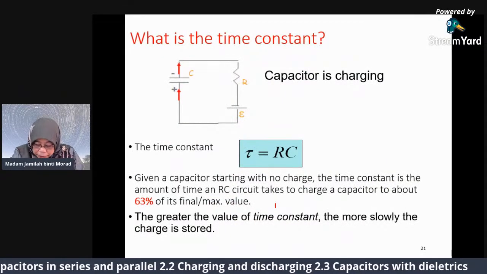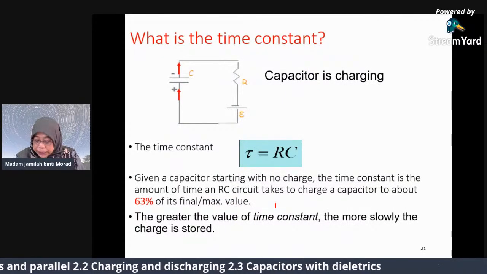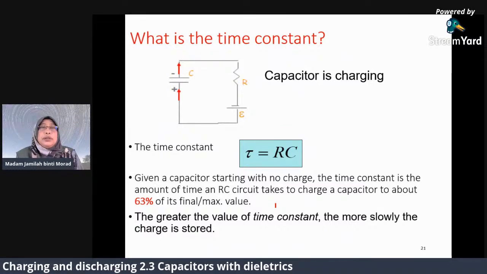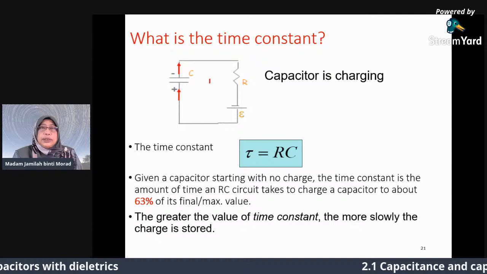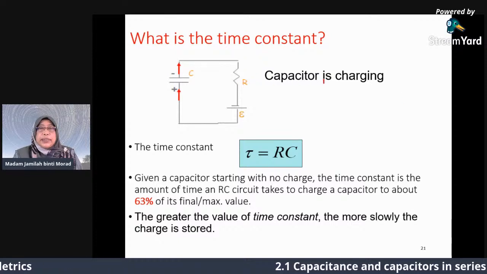The first objective is now to state the physical meaning of the time constant. The circuit here refers to a capacitor that is charging.